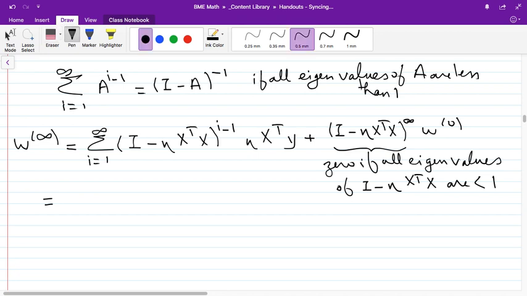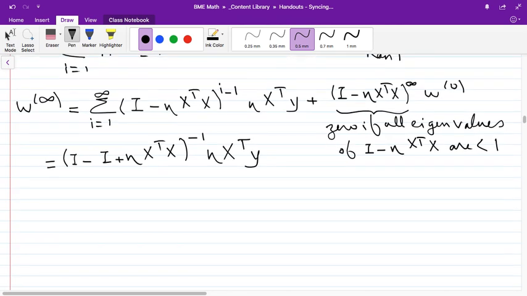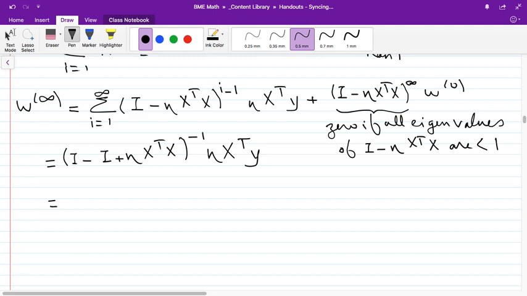I'm going to have now the inverse of identity minus this term, I minus eta x transpose x, which is eta x transpose x, inverse, times eta x transpose y.